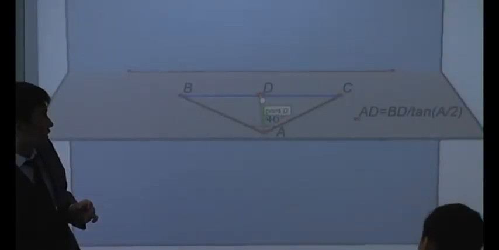Okay, now visual angle. As you see, this is our eye. We know the length of this BC. This is the visual angle. We can multiply the AD, the distance between us and the object, with the help of this formula.